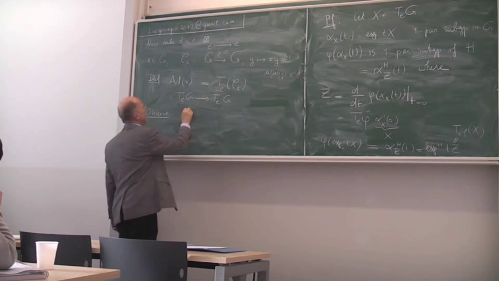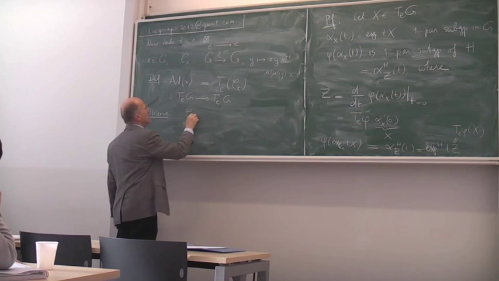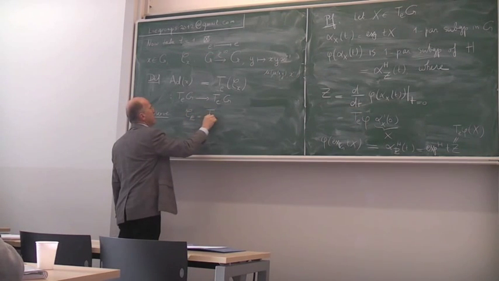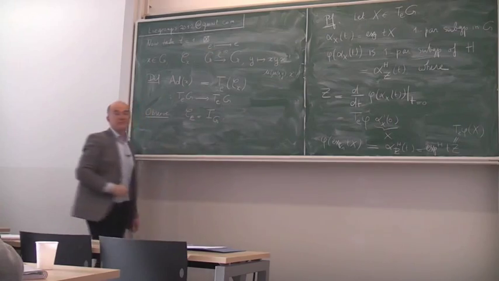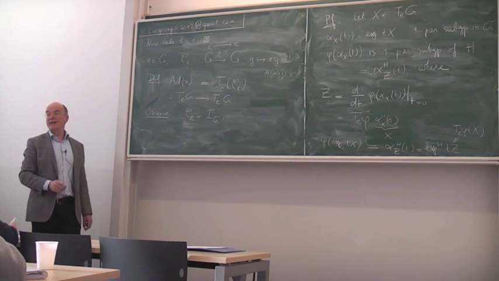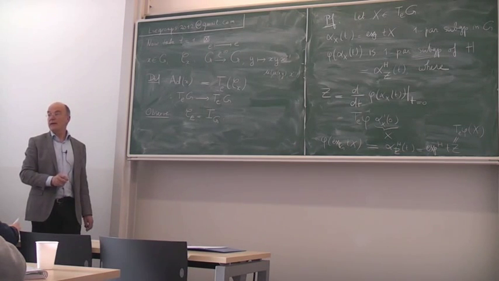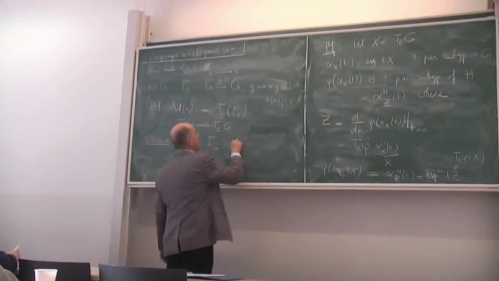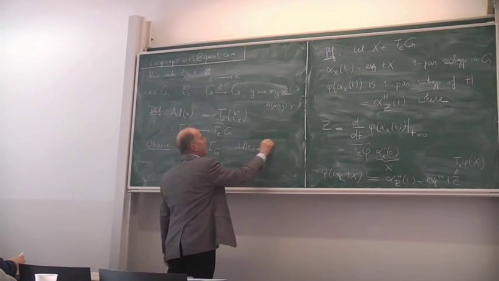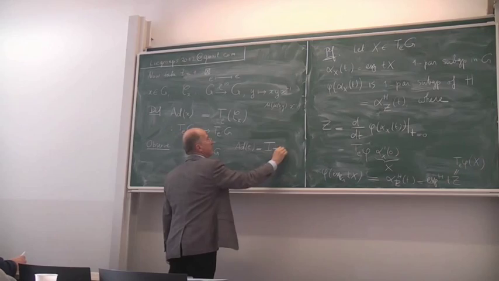If we take the conjugation by the identity element, this is the identity map of the group G. So that means that its tangent map at the identity element is the identity map of the tangent space at the identity element. So that means that Ad of e is equal to the identity map of the tangent space.